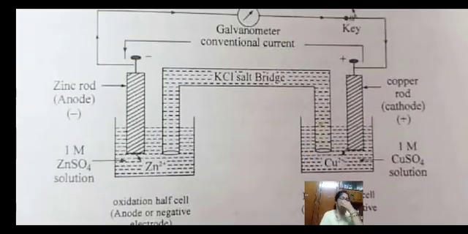Now if we consider this galvanic cell, with the aid of this chemical change, that is zinc getting converted to Zn2+ and Cu2+ getting converted to copper, there is a release of electrons, and naturally these electrons flow from the zinc chamber to the copper chamber, and obviously the current should flow in the opposite direction, as we all know.